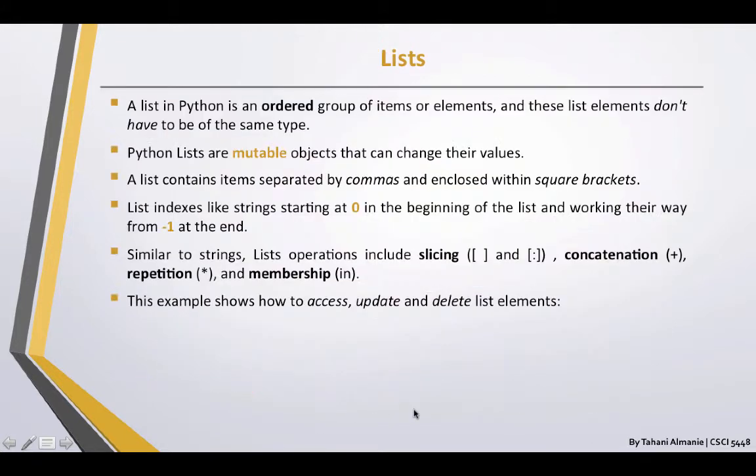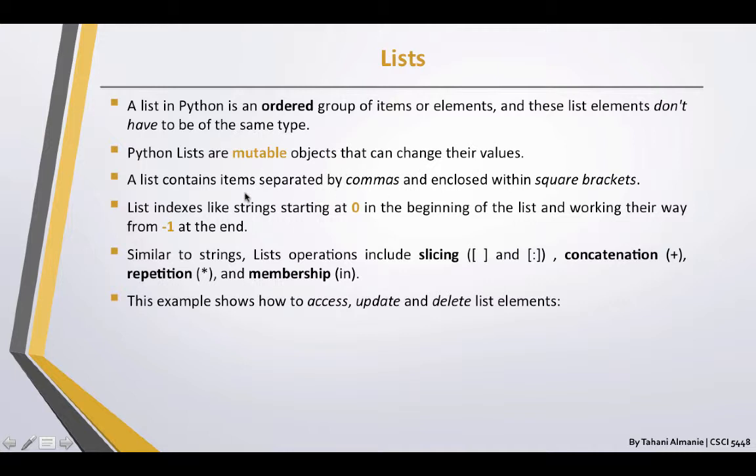A list in Python is an ordered group of elements, and these elements don't have to be of the same type, so you can have numbers, strings, or other lists in the same list. Lists are mutable objects, as opposed to strings and numbers, which are immutable.